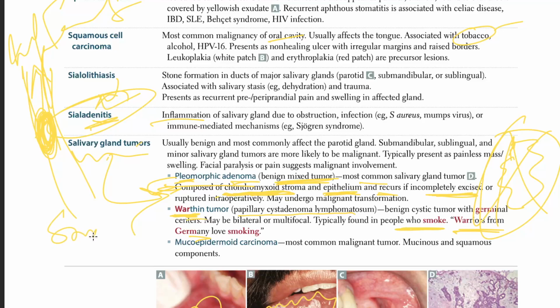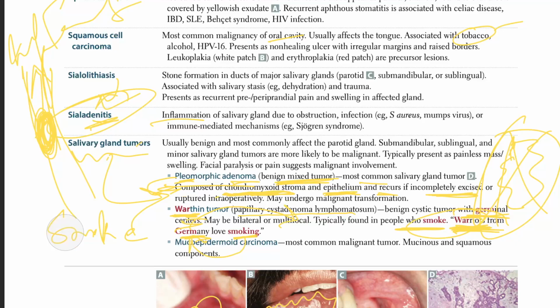Smoking irritation leads to formation of germinal centers, and those germinal centers form a tumor. So warriors means Warthin tumor, Germany means germinal centers, smoking means smoking. Smoking causes germinal centers to grow into a tumor called Warthin.